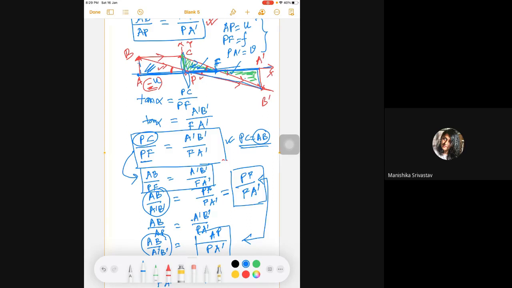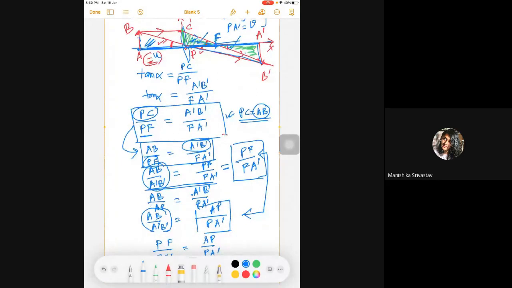Now what I am doing, I am putting this A dash B dash on the left hand side of the equation and PF on the other side. So AB by A dash B dash is coming PF by F A dash. This one. Got it? Okay.